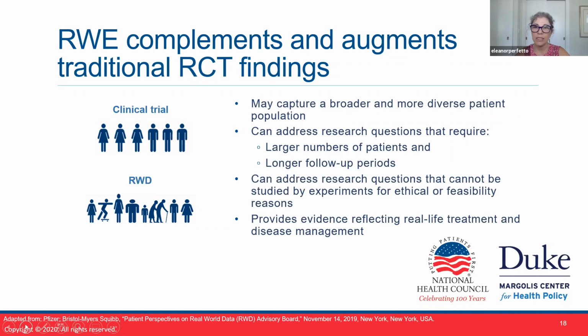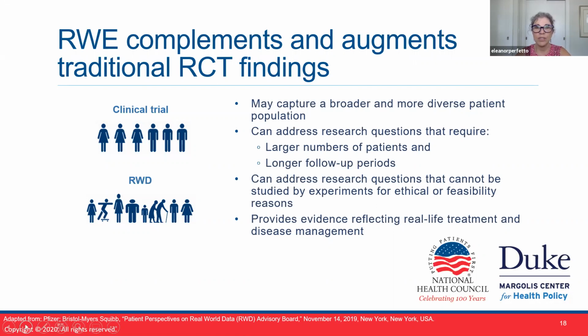It can be very expensive to conduct a very large trial for a long period of time. Those are two things that add great expense to clinical trials. Real-world databases that produce real-world evidence can help augment those trials because you can capture a larger population and you can follow them for a longer period of time than you might normally see in a traditional trial.